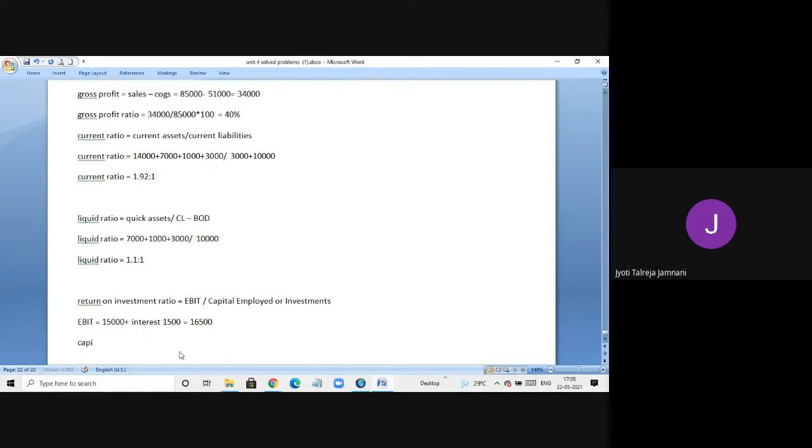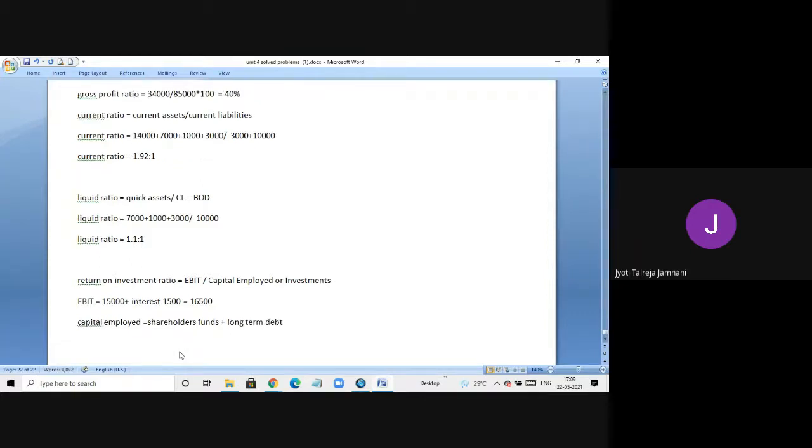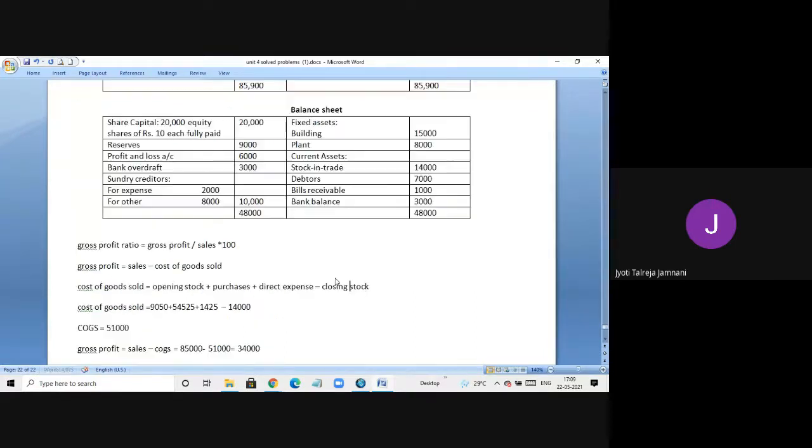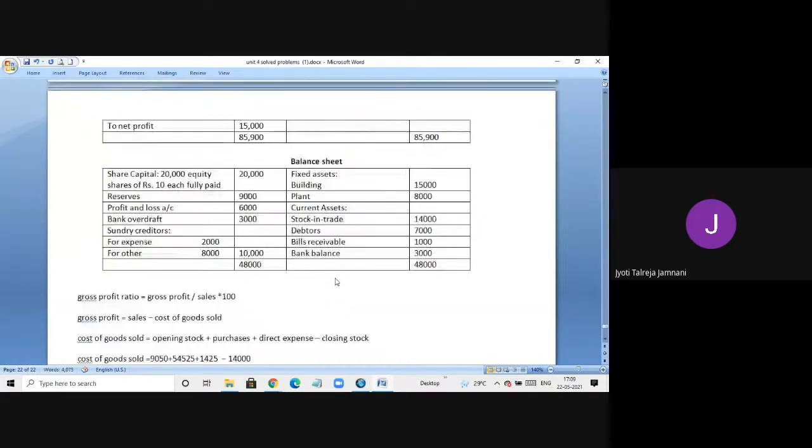Now capital employed. Capital employed, I had told you, is shareholders funds plus long term debt or long term loans. So let's see what the capital employed is. Into 100 we have to do in the main formula. So capital employed: share capital 20,000, reserves 9,000, P&L 6,000.